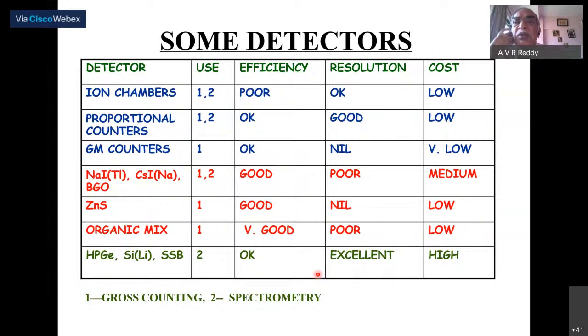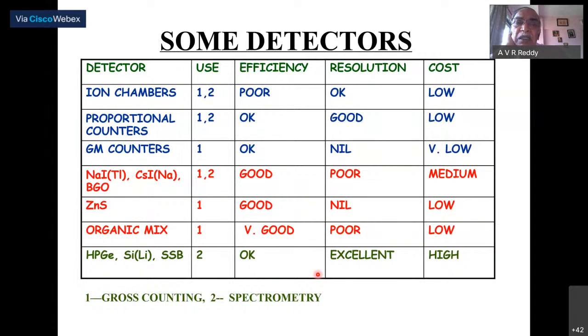Efficiency is poor, resolution is okay, price is very low. Proportional counters can be used for both purposes. Efficiency is reasonable, and they have a reasonable, or rather good, resolution. And again, the cost of these detectors is low. We can fabricate them in our laboratories.